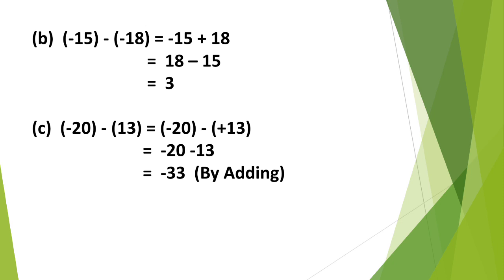In the third sum, we are having minus 20 minus into plus 13. Minus into plus is minus. Here we are having both negative integers. So we can add easily, 20 plus 13, 33, and we want to denote the negative sign, minus 33.